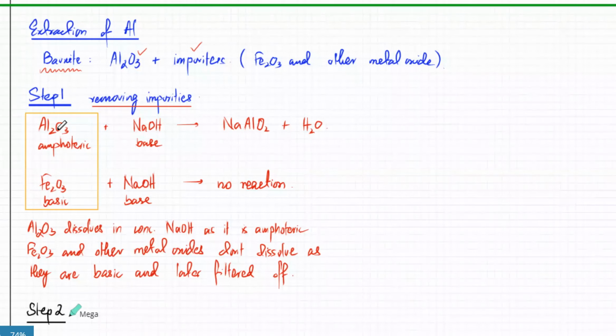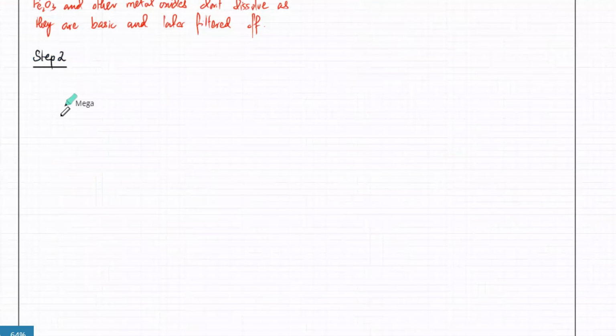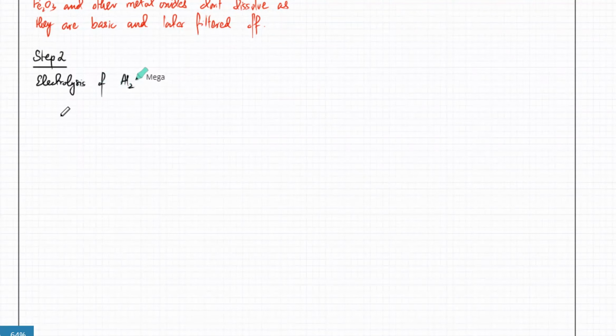Now, once you've got Al2O3 purified, the next step is you do electrolysis of that. So the next step is electrolysis of molten Al2O3.